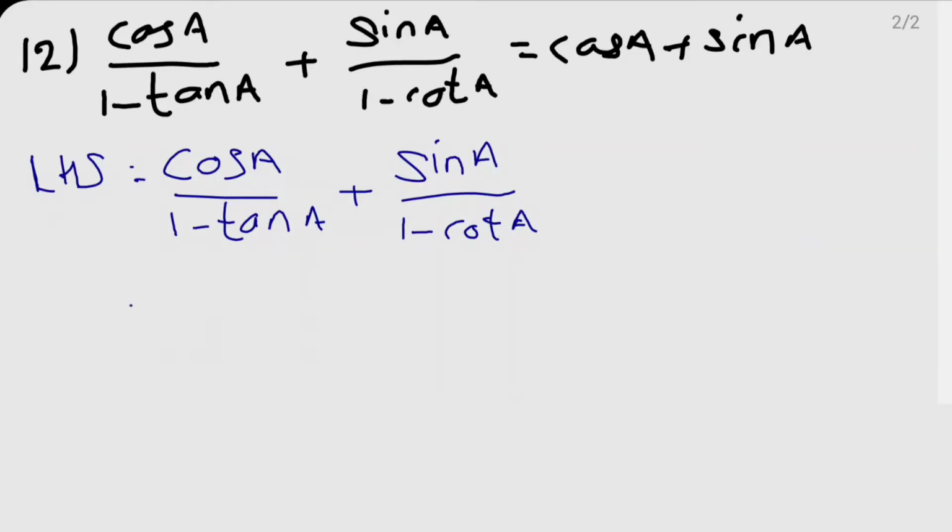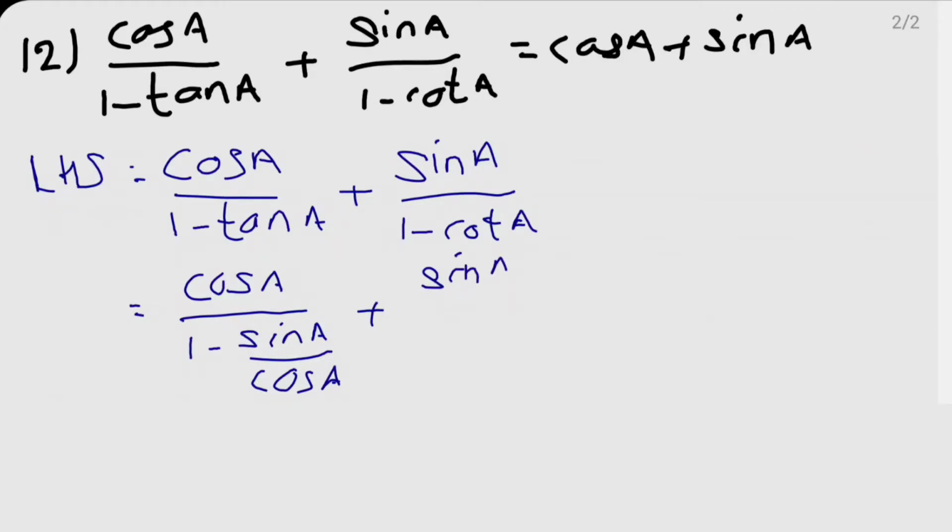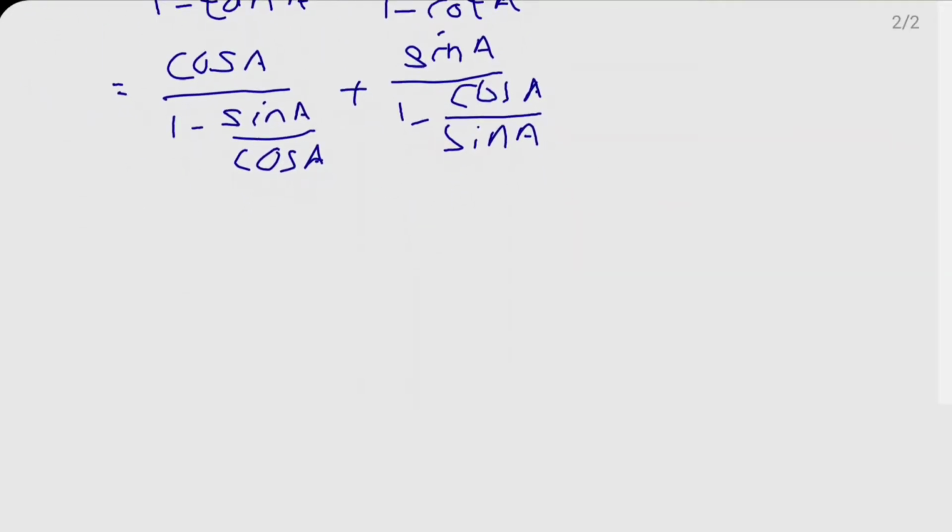So now here, cos A divided by 1 minus tan A we can write sin A divided by cos A, plus as it is, and here sin A divided by 1 minus cot A we can write cos A divided by sin A. So now here in the denominator take LCM.